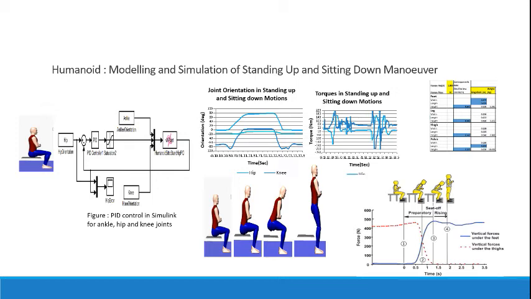After we import it into MATLAB, we can see the gait analysis. Here you can see the joint orientation in standing up and sitting down motion, and then you compare it with the figures on the right side. Both graphs, the vertical force, are quite similar to the figures of joint orientation in standing up and sitting down motions.